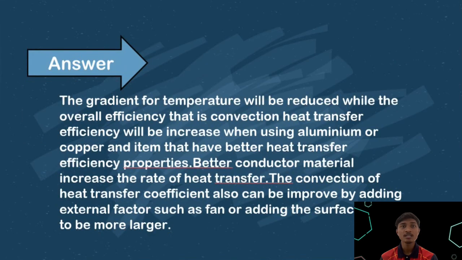So the answer is, the gradient for temperature will be reduced while the overall efficiency, that is convection heat transfer efficiency, will be increased when using aluminium or copper and items that have better heat transfer efficiency properties. Better conductor material increases the rate of heat transfer. The convection heat transfer coefficient also can be improved by adding an external factor such as a fan or by making the surface area larger.